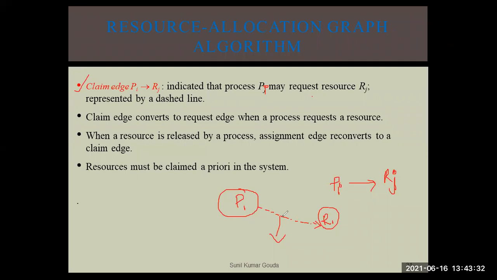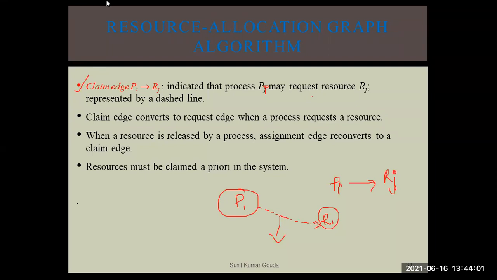And resources must be claimed a priori in a system. That means all the processes have to define the number of resources which are required before starting the system, before implementing. It is called a priori. What is a priori system? Nothing but all the processes that are requesting resources have to request before the execution.